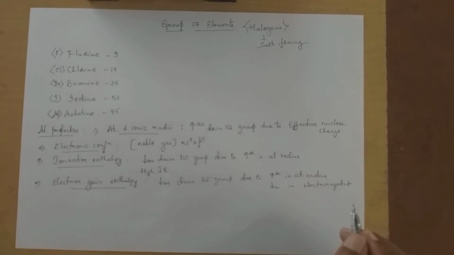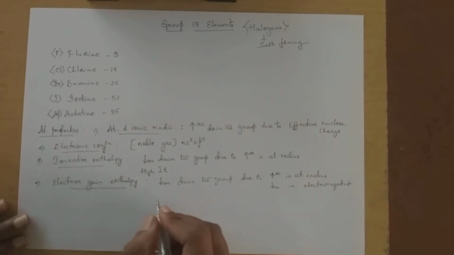As a result, the added electrons are repelled by the already existing electrons. Comparatively, fluorine has less electron gain enthalpy than chlorine, because of its small size. So extra electrons keep getting repelled by the already existing electrons. Clear? Hence electron gain enthalpy decreases down the group.